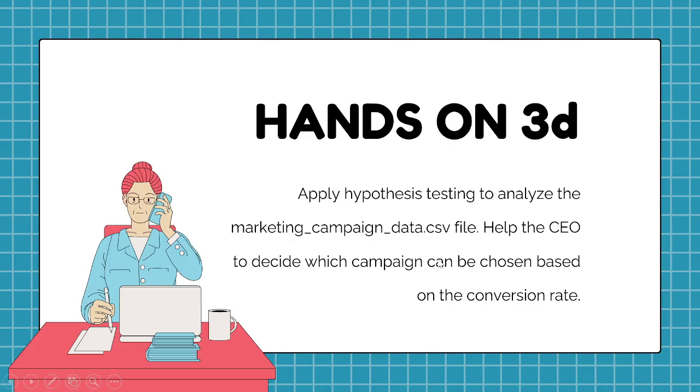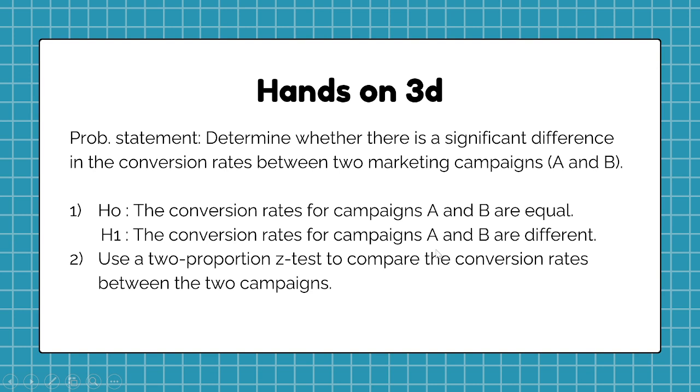By following the previous steps, we'll start with the hypothesis formulation in terms of the null and the alternative hypothesis. What is the problem statement? In this hands-on 3D, we need to check if there is a significant difference in the conversion rate between two marketing campaigns.